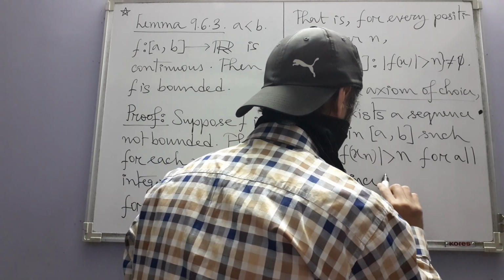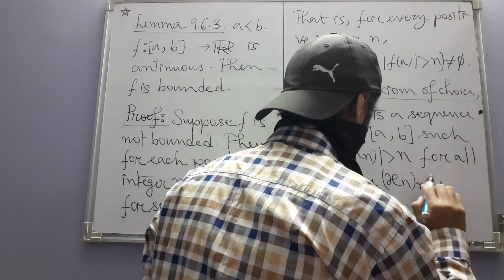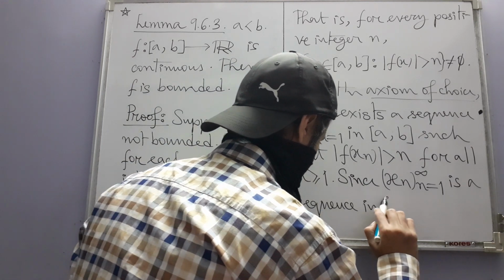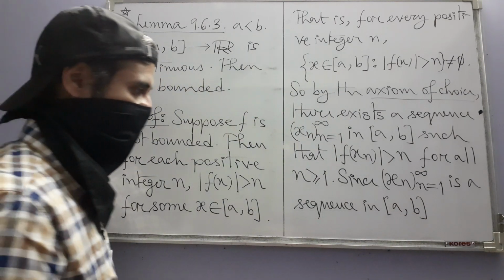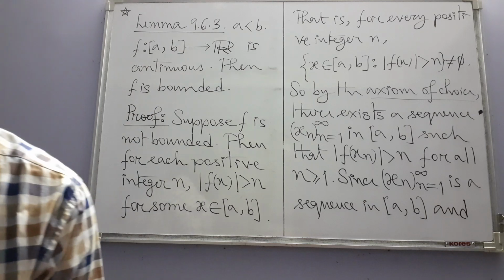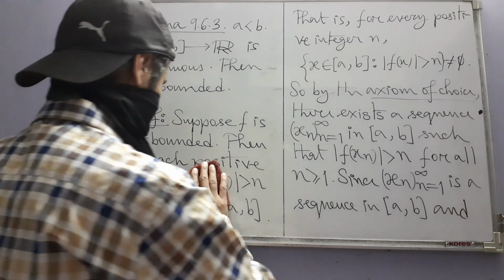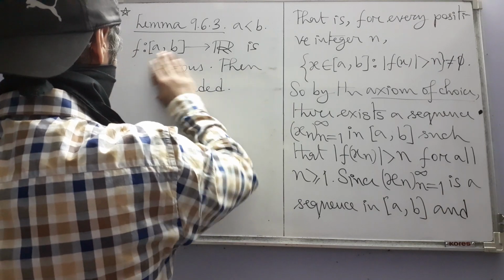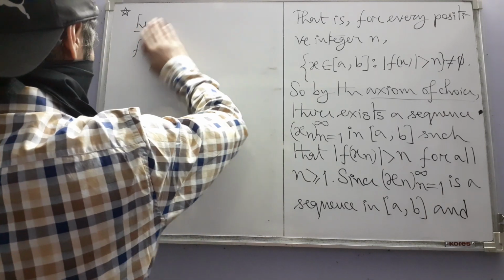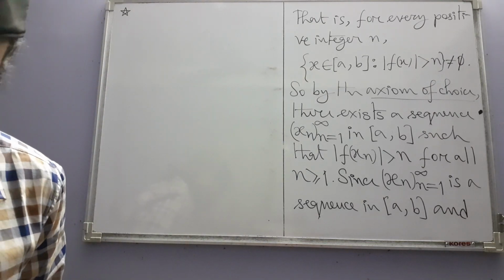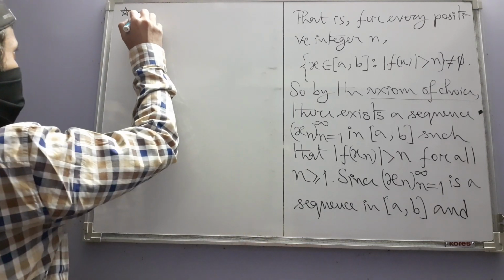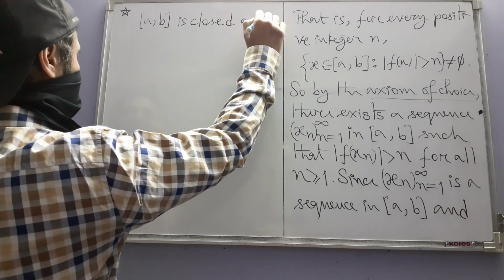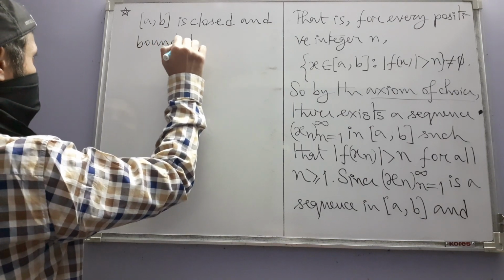Since this is a sequence in this closed interval, and the closed interval is a closed and bounded set, there exists a convergent subsequence, and this is closed and bounded.